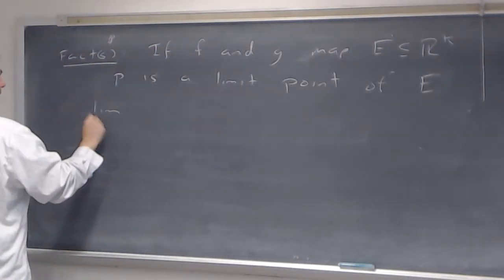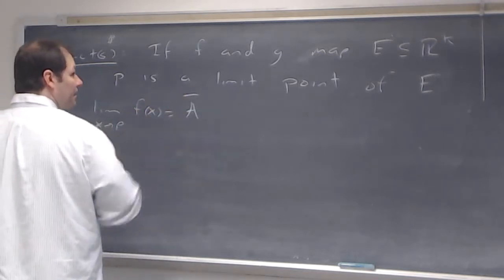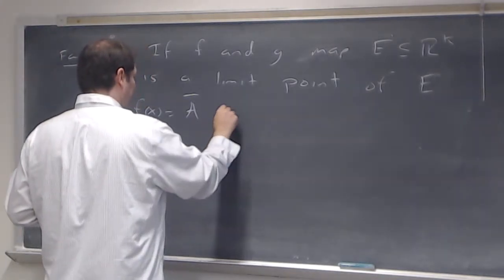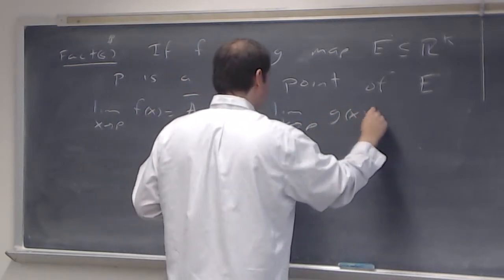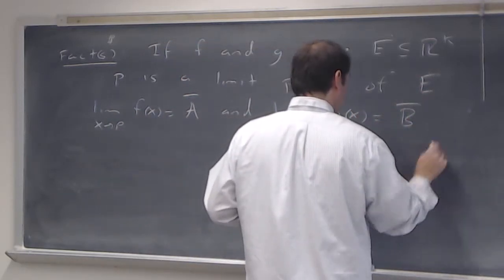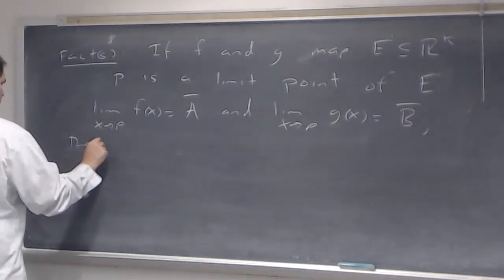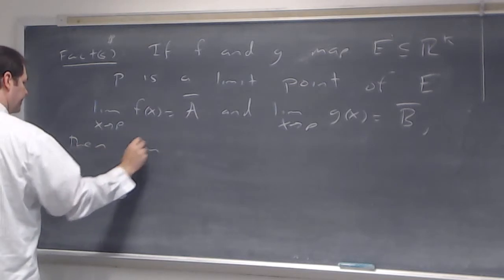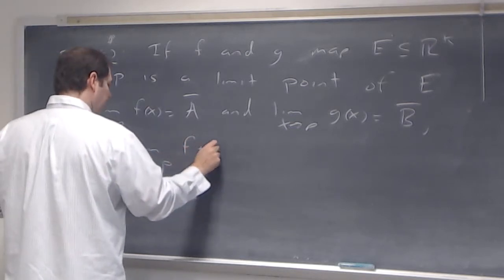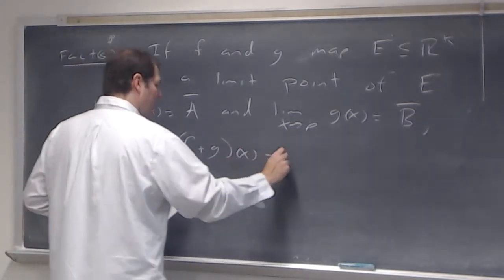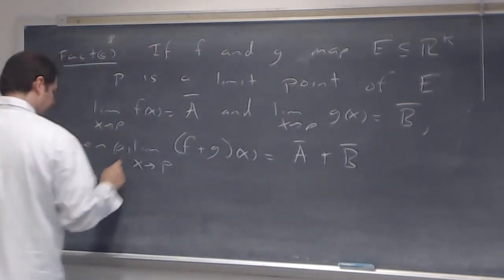The limit as x goes to p of f of x equals some value in R^k, we call it A bar, and the limit as x goes to p of g of x equals some value in R^k, we'll say B bar. Then the limit as x goes to p of f plus g acting on x will be equal to A bar plus B bar, and this is part A, so I'm saying two facts here.